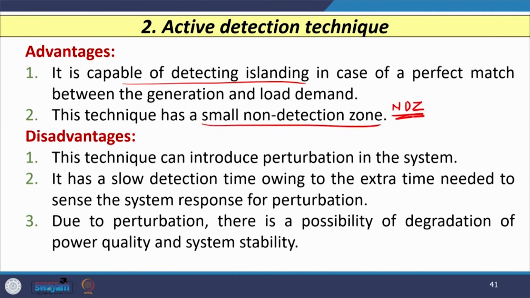However, it may introduce perturbation in the system. It has a slow detection time owing to the extra time needed to sense the system response to perturbation, and due to this perturbation there is also a possibility of degradation of power quality and system stability. These are the limitations of the active detection technique.